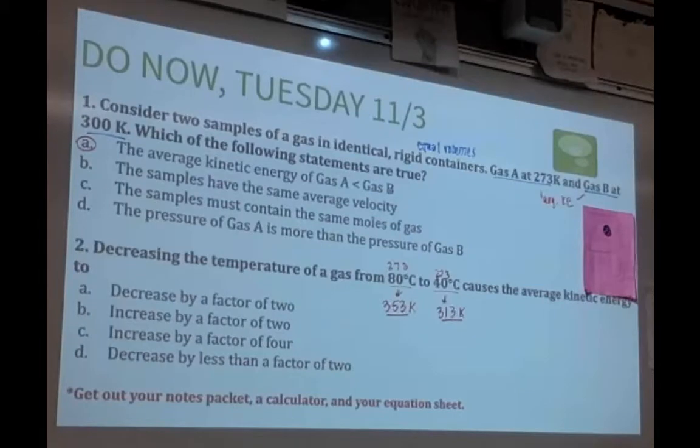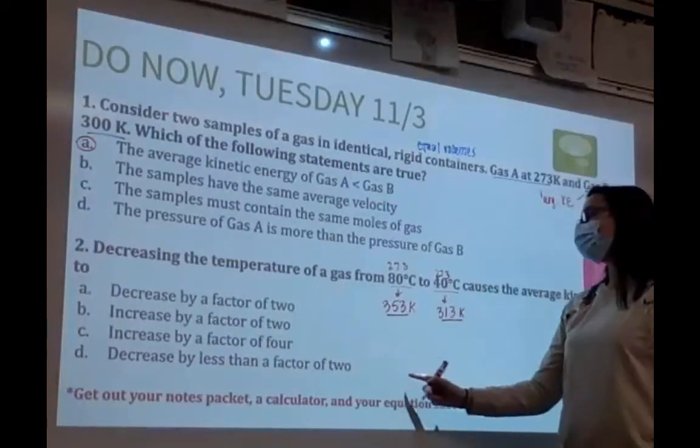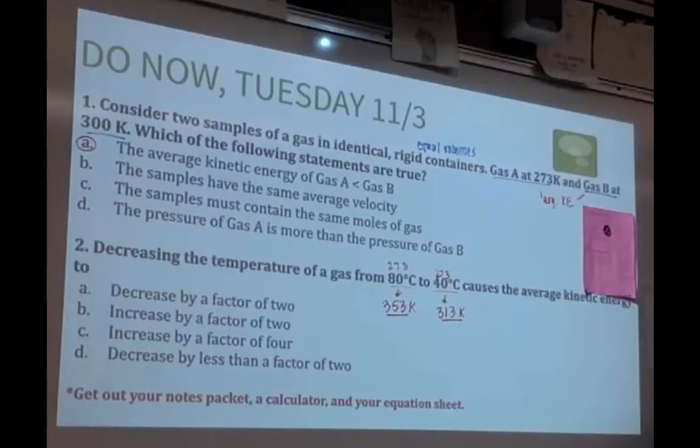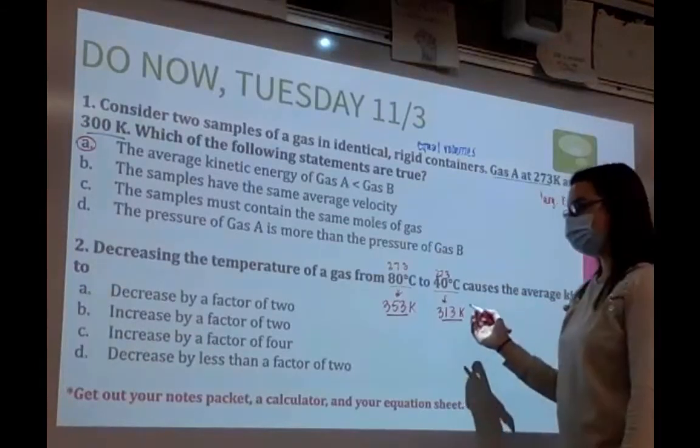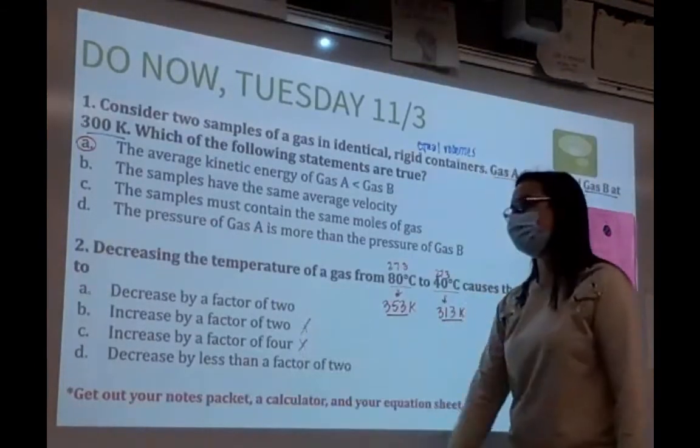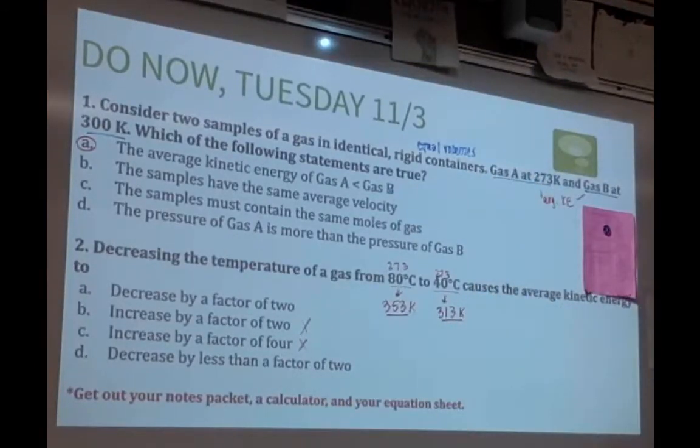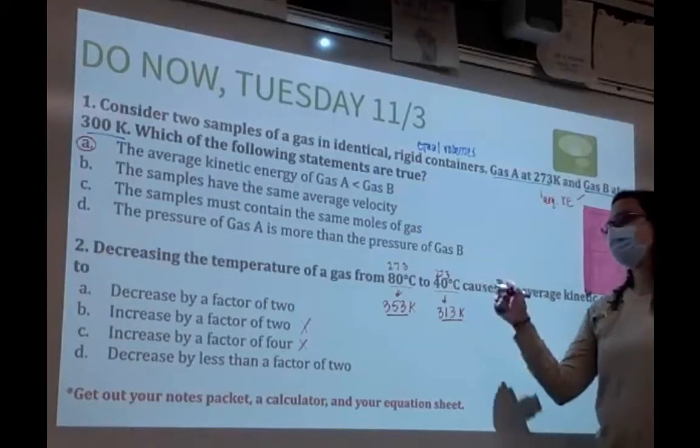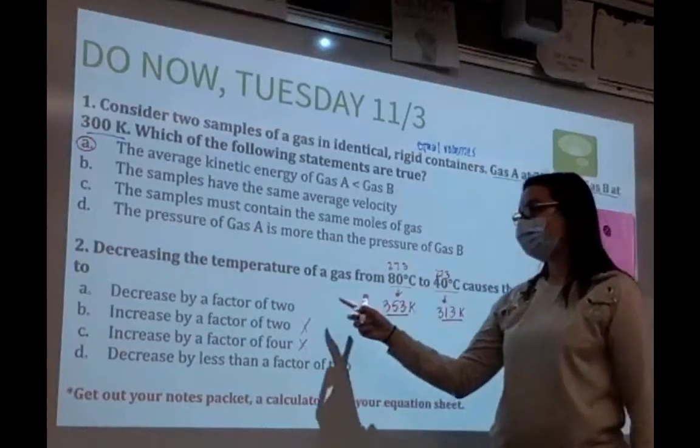Gases are always directly proportional to the Kelvin scale. So if temperature is going down, just in general, what should happen to average kinetic energy? It should go down. All right, so I'm going to cross out B and C. Average kinetic energy should go down because temperature is decreasing.